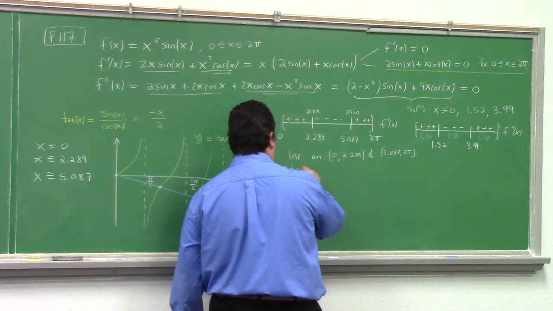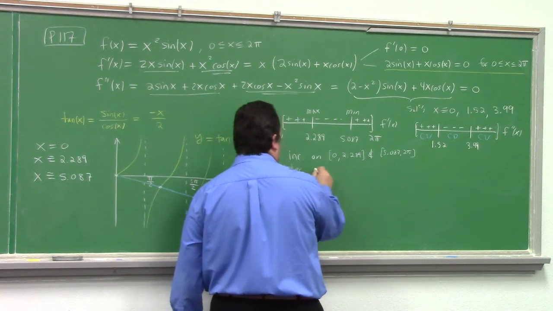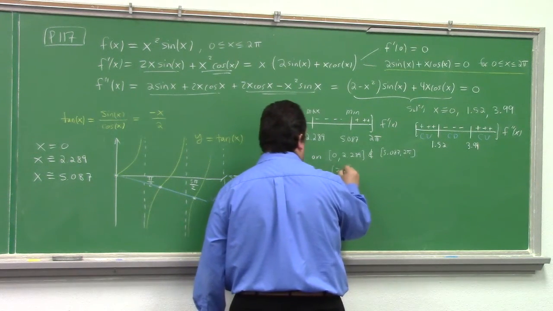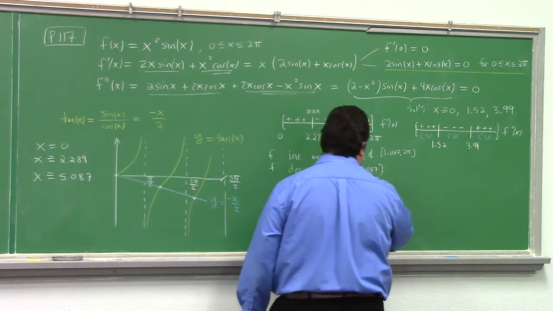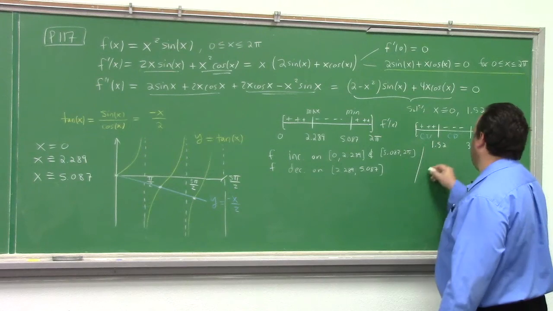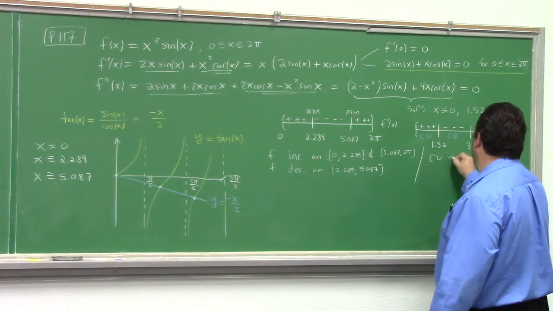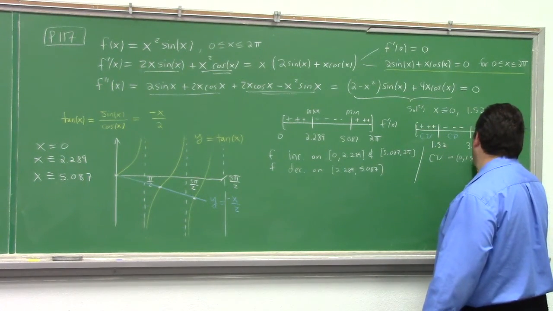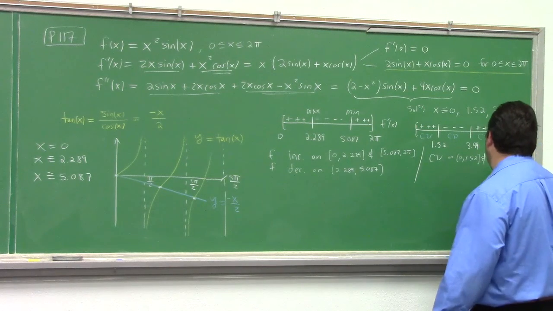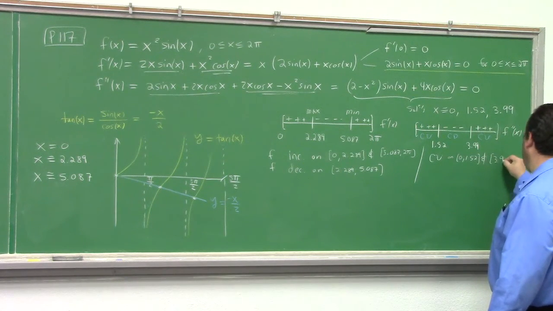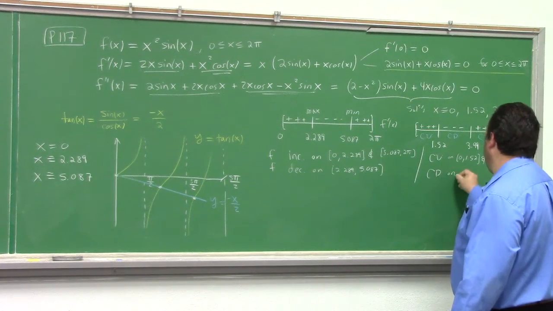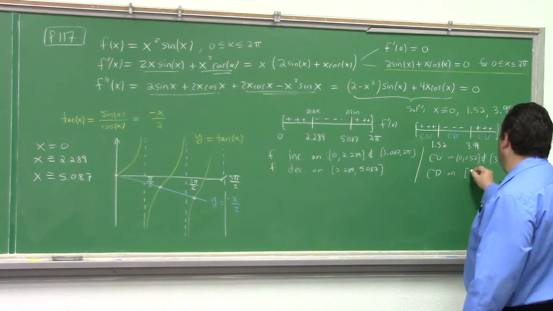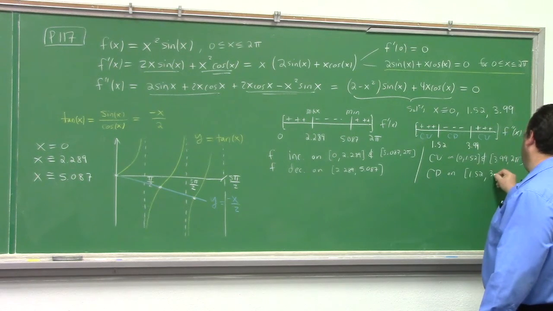It's decreasing on 2.289 to 5.087. It's concave up on 0 to 1.52 and 3.99 to 2 pi. It's concave down on 1.52 to 3.99.